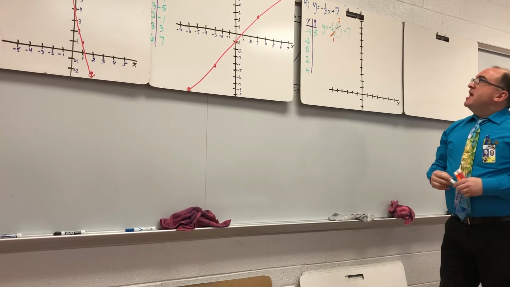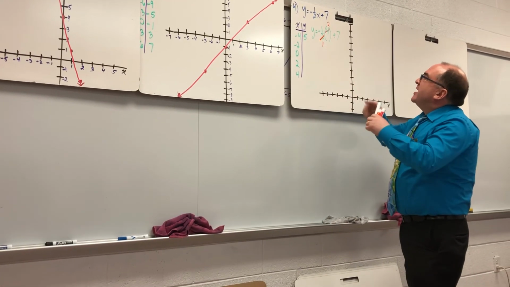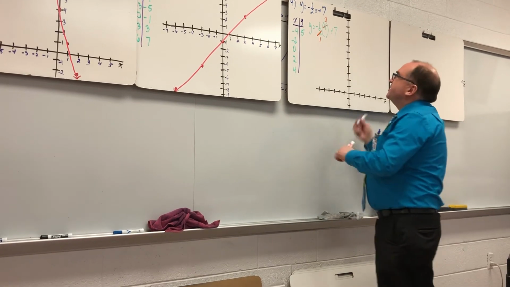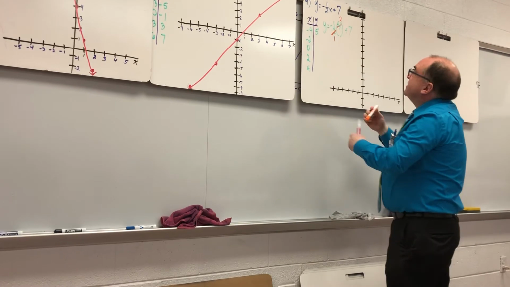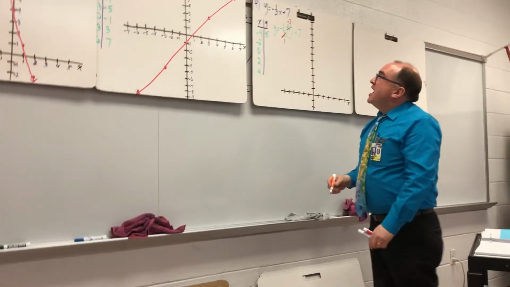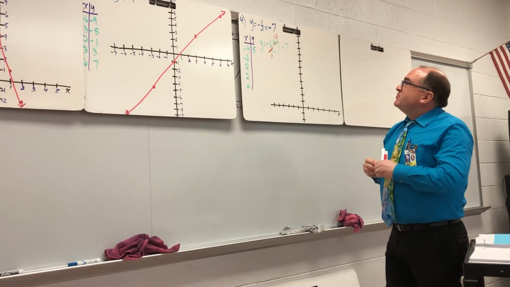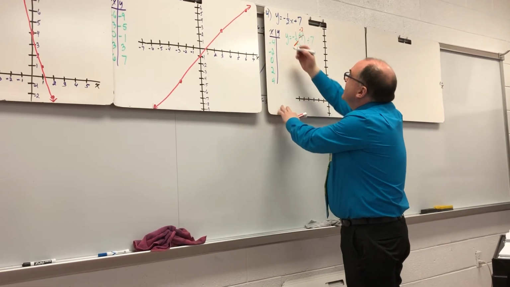Okay. Now I'm going to put, whoops. You dropped your negative. I dropped my negative. Thank you for catching that. This should be a -4, which means this should be a -2. And -1 times -2 is +2, plus 7 is 9.